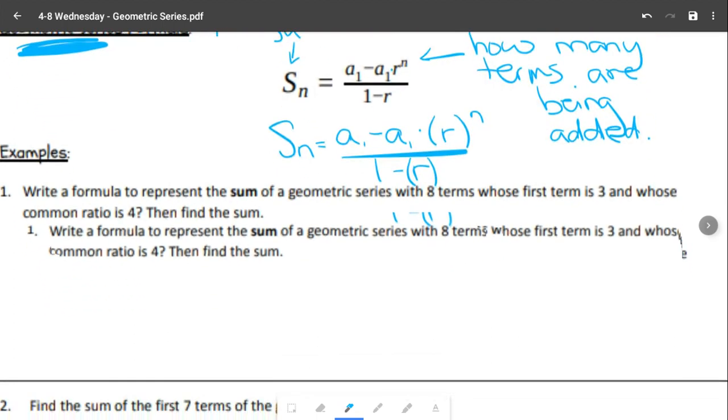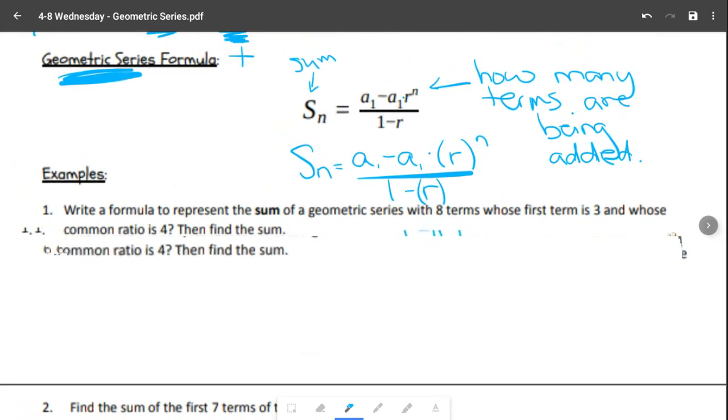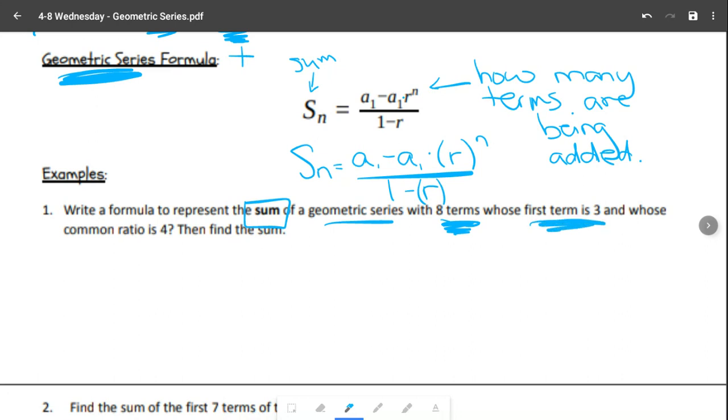So first example here, write a formula to represent the sum of a geometric series with 8 terms whose first term is 3 and whose common ratio is 4. So using that formula from above, n, remember, is how many terms you're adding together. The sequence has 8 terms, so we're adding together 8 things.